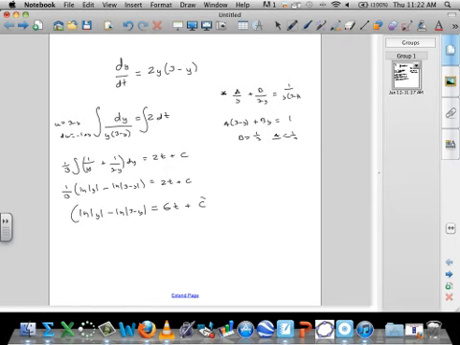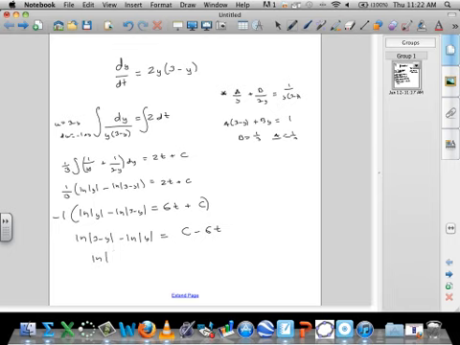So I'm going to fix that by multiplying both sides by negative 1. Okay, so over here you get the natural log of absolute value of 3 minus y, minus the natural log of y, equals, I still have that constant, but now I have minus 6t. So here's why we did that.